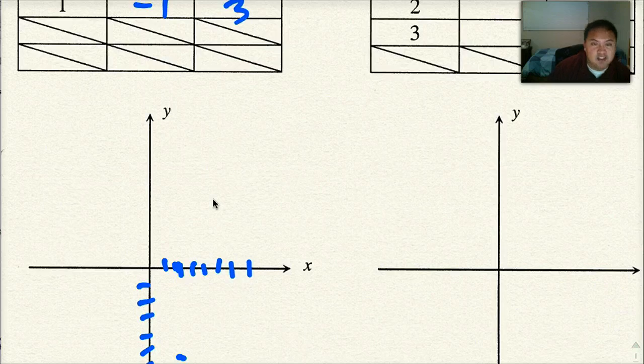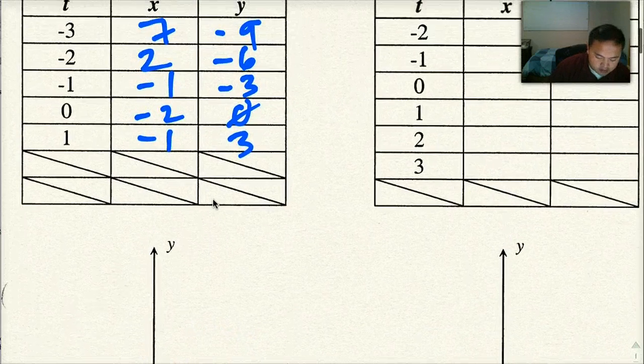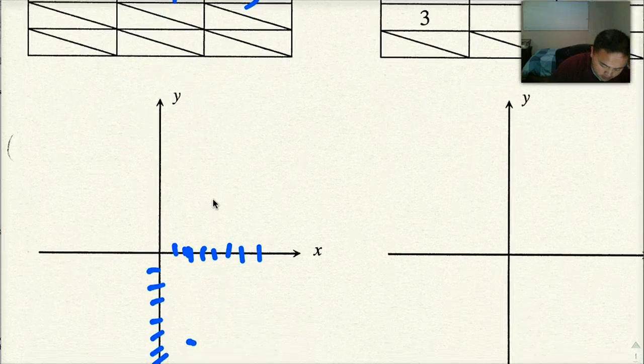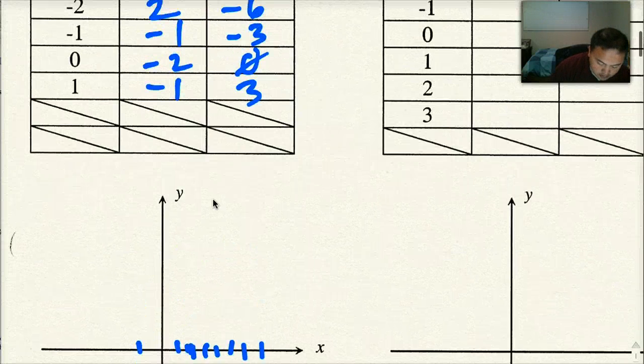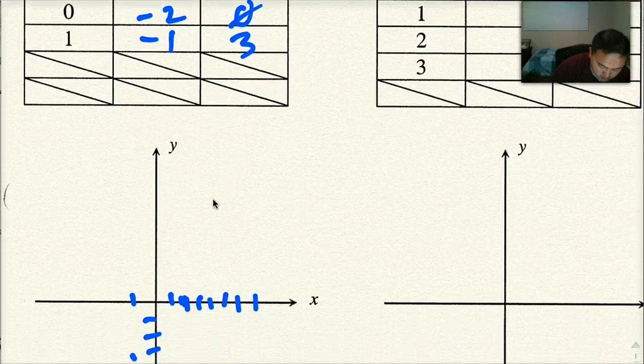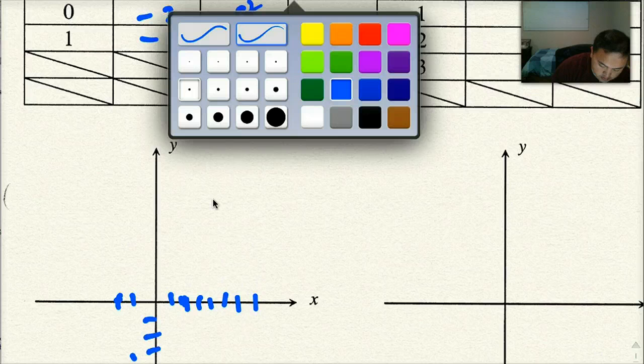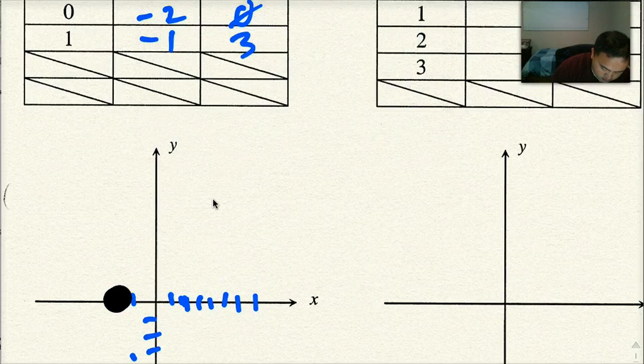Again, these are estimates. It's not the most accurate of graphs. I'm going to get negative 1, negative 3, so I'll make one over here. And negative 2, 0. How about I put this in a different color?